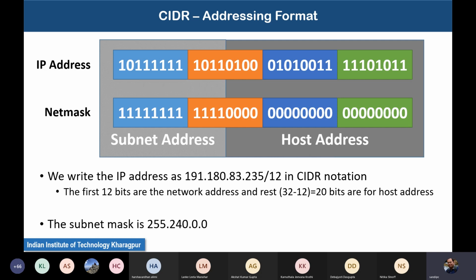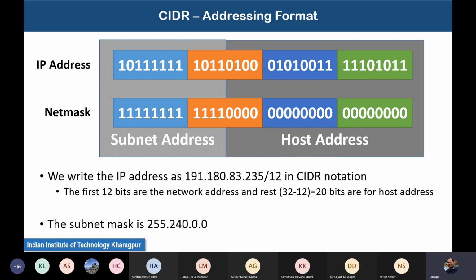And what does this subnet mask signify? It signifies that the first 12 bits indicate your network IP, and the remaining 20 bits indicate your host IP. And the way we designed it, if I make a logical AND between the IP address and the net mask, I will get the network IP of that subnet.